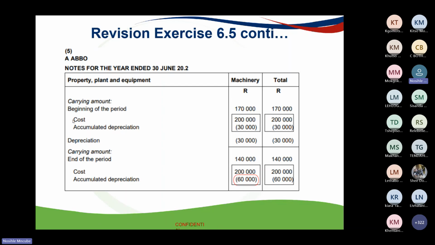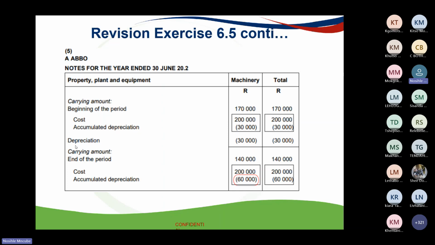We are given the cost of 200,000. We got it from the question, and then the accumulated depreciation at the beginning of the year. So it's the cost, which is 200,000, and the accumulated depreciation, which is the 30. When you say 200 minus the 30, that's how you get the 170.